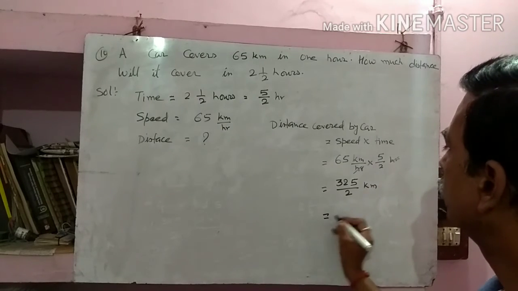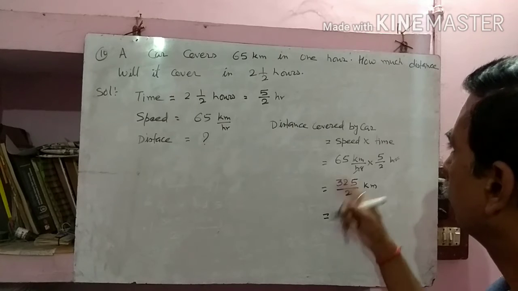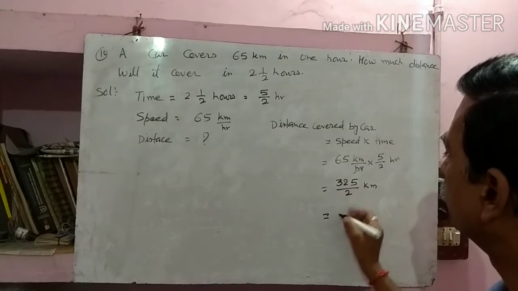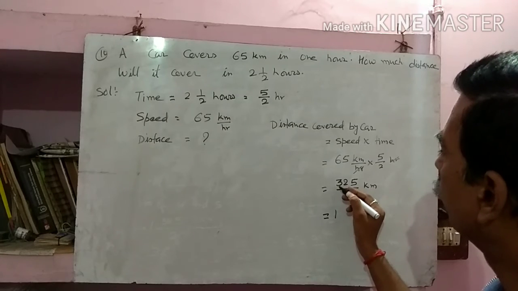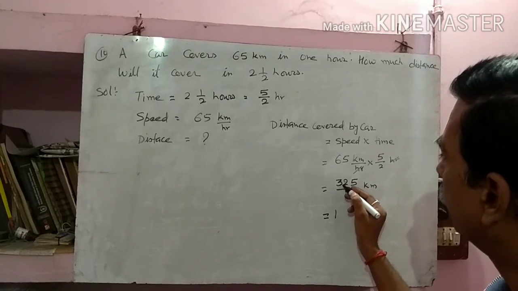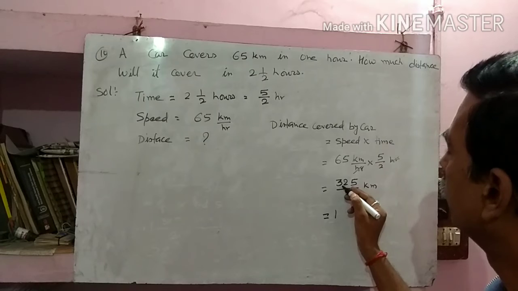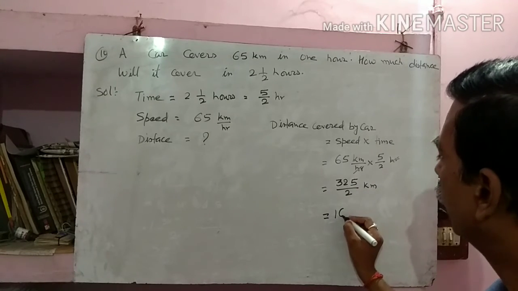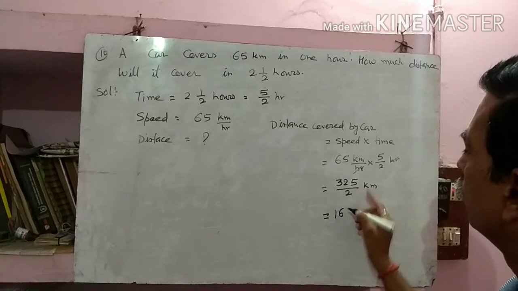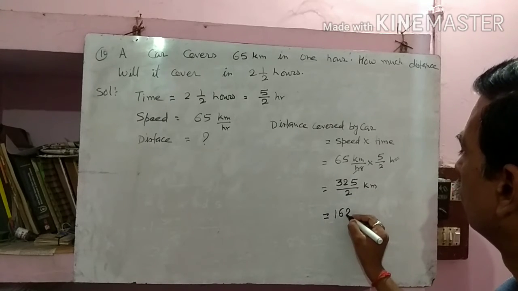Is equal to, if you convert that to mixed fraction, what will you get? Then 2 times 1 is 2, subtract 2 from 3, you will get 1. 1 and 2 become 12. Then 2 times 6 is 12. Then 5, 2 times 2 is 4.